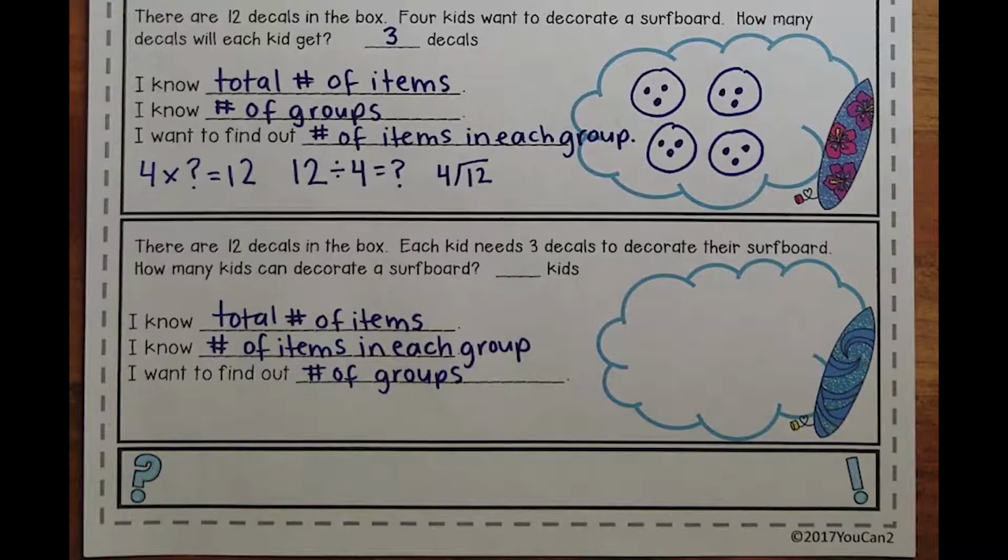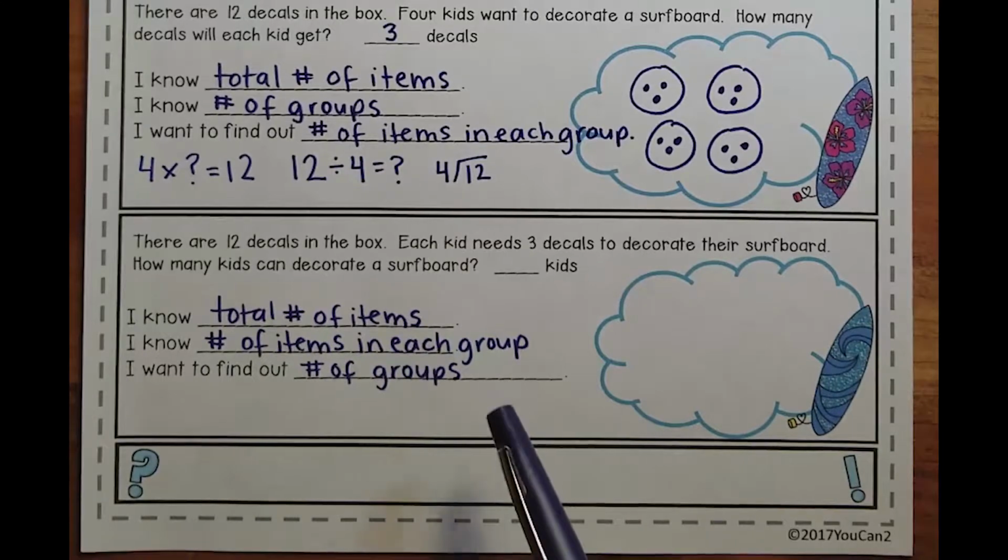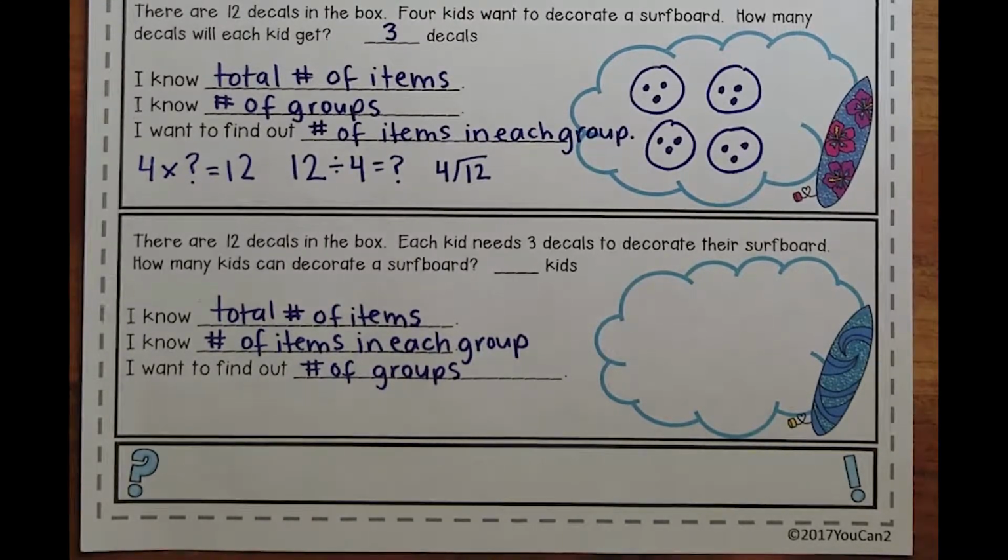So this time we needed to take away groups of 3 until we had no more groups to take away. This is repeated subtraction, and it's another kind of division. Because I know the total number of items, and I know the number of items in each group, it has to be division. I'm going to write it down as a multiplication sentence first, though.